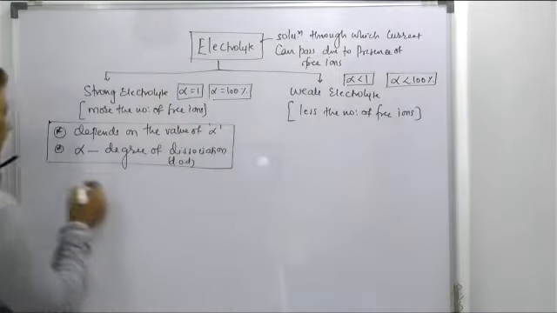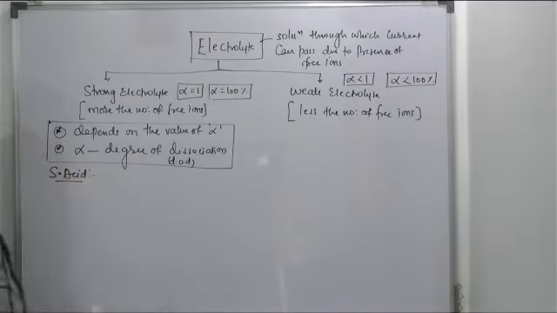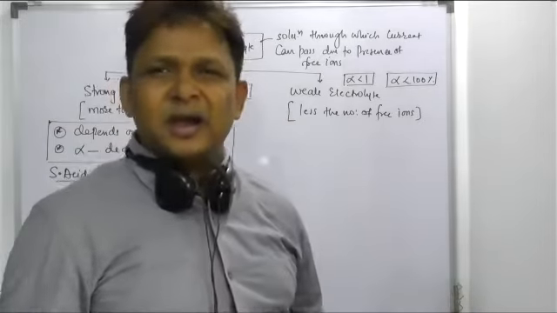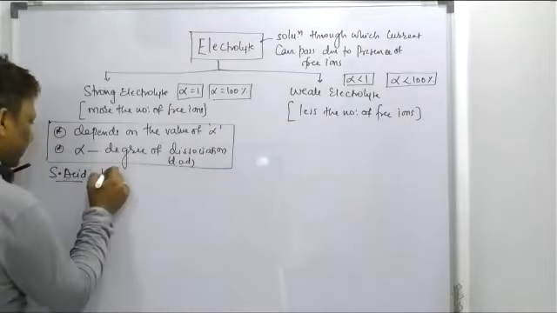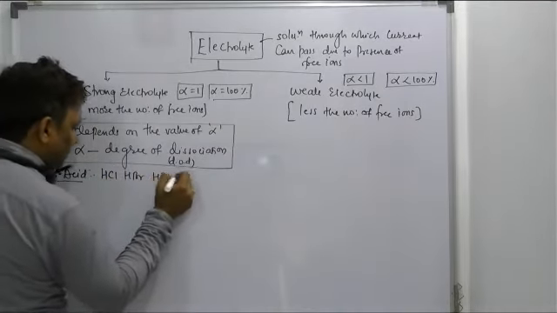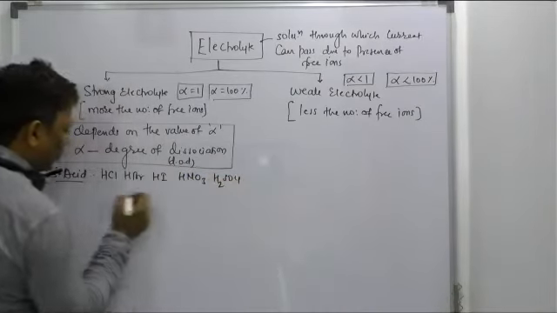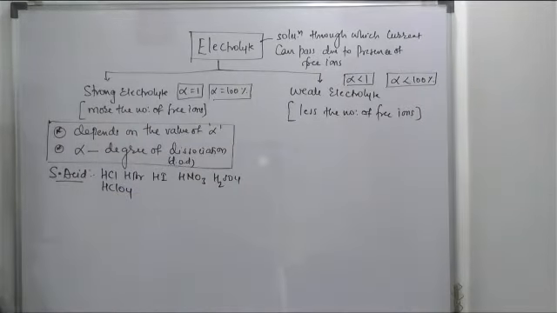Sir, can you give an example? Obviously, beta, you should remember strong acid examples. What is a strong acid? Alpha value 1: HCl, HBr, HI, HNO3, H2SO4, HClO4. They are all strong acids, alpha value equal to 1.